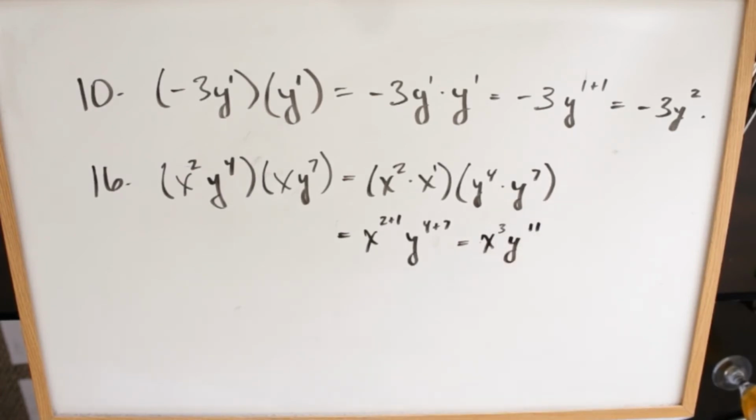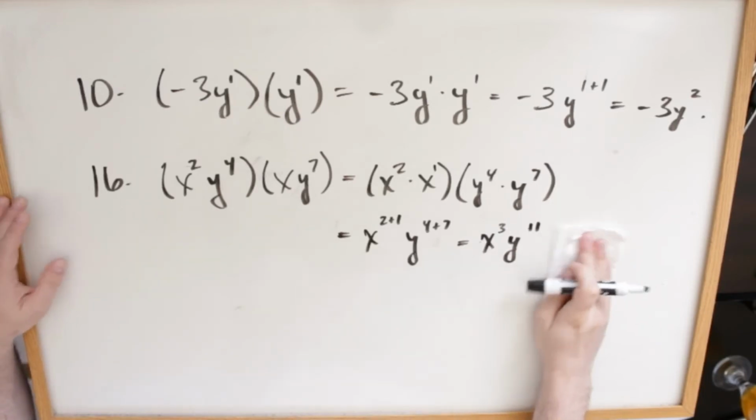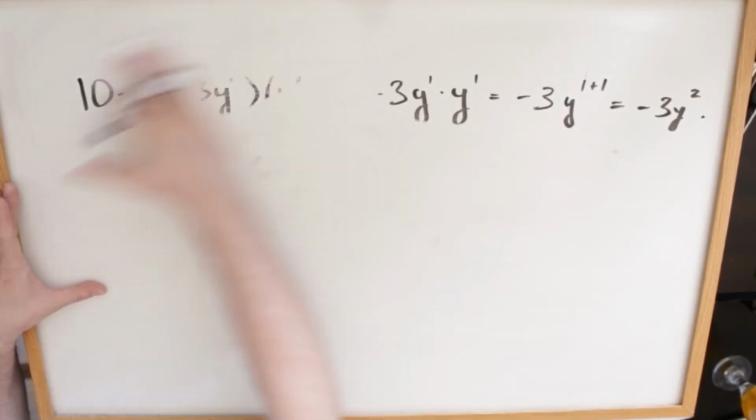Okay? So that's actually what we're doing here in this case. Remember, when we're multiplying things out like this, we're just going to add the exponents together and combine the bases. Okay? So there is a couple questions there. Let me go ahead and I'll do a few more, of course.